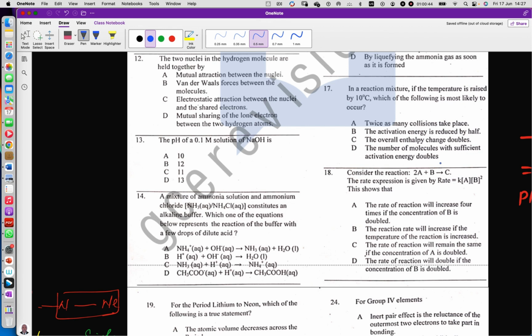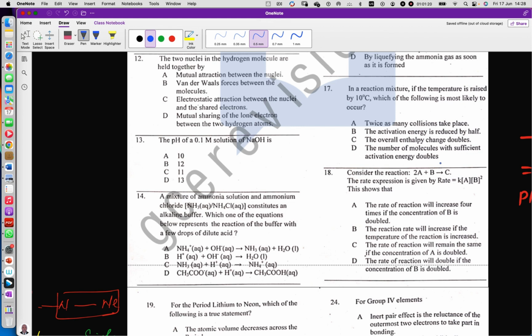I said when there is an increase in temperature by 10 degrees Celsius, there is going to be an increase in the kinetic energy of the reacting particles. Now there's an increase in energy. The number of molecules with energy equal to or greater than the activation energy will increase now because the energy in the system has increased.